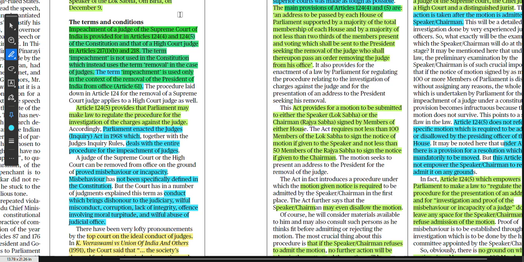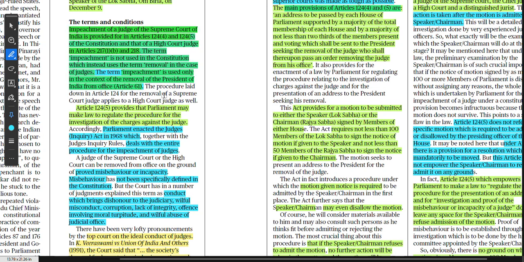So if you want to remove a judge, the Constitution uses the term removal, not impeachment. Please remember this important fact.